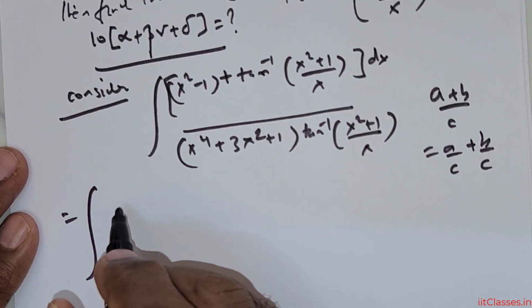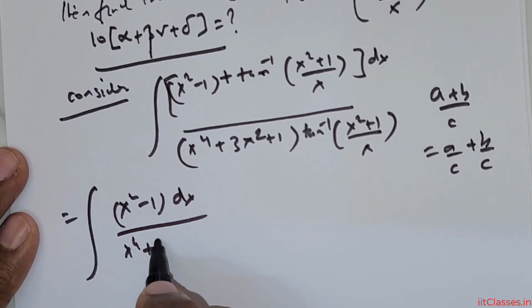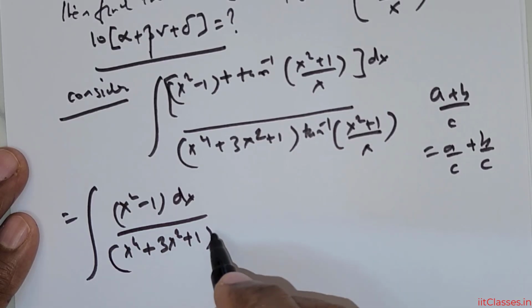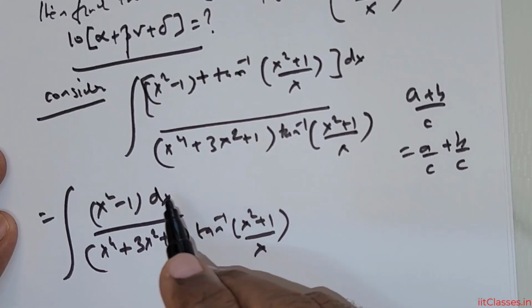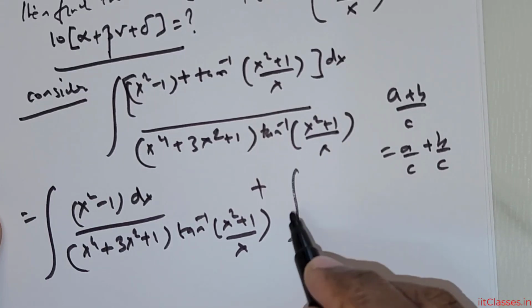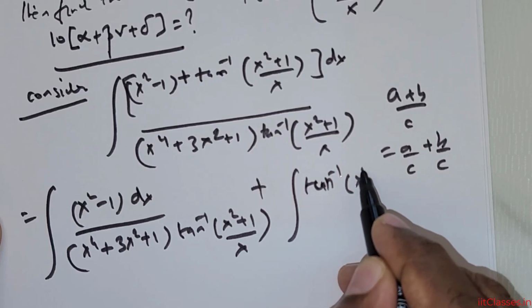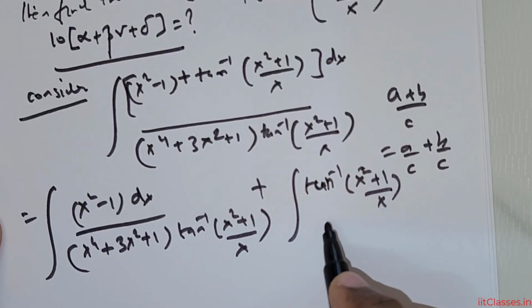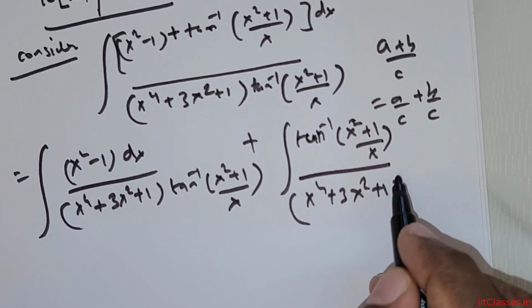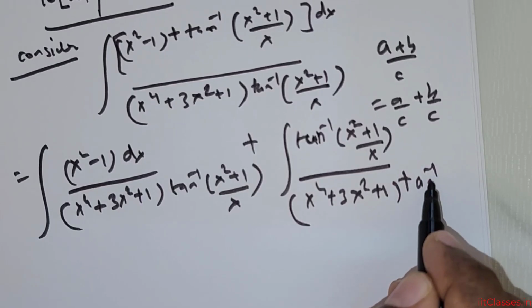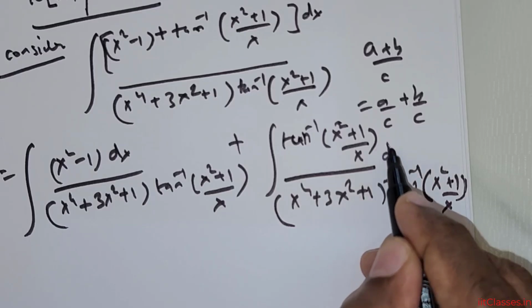So this is equal to the integral of (x squared minus 1) times dx divided by (x to the power of 4 plus 3x squared plus 1) times the tan inverse of (x squared plus 1)/x. This is one component, plus the integral of tan inverse of (x squared plus 1)/x divided by (x to the power of 4 plus 3x squared plus 1) times tan inverse of (x squared plus 1)/x times dx.